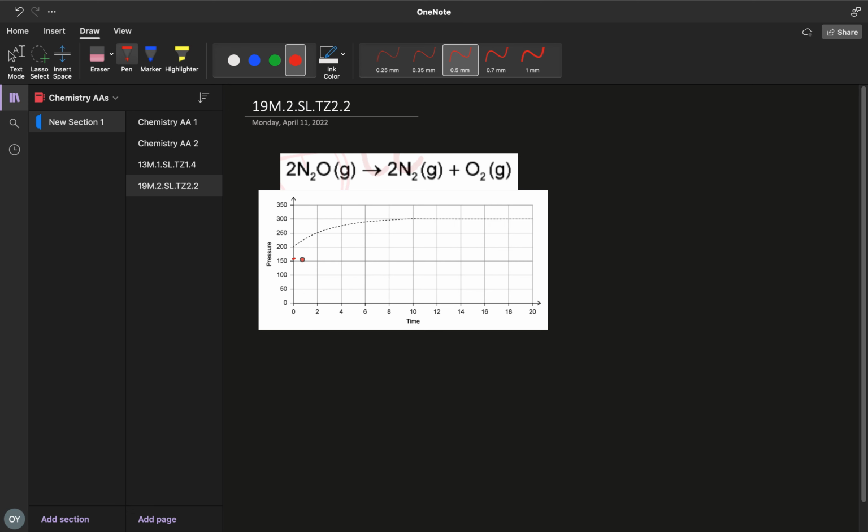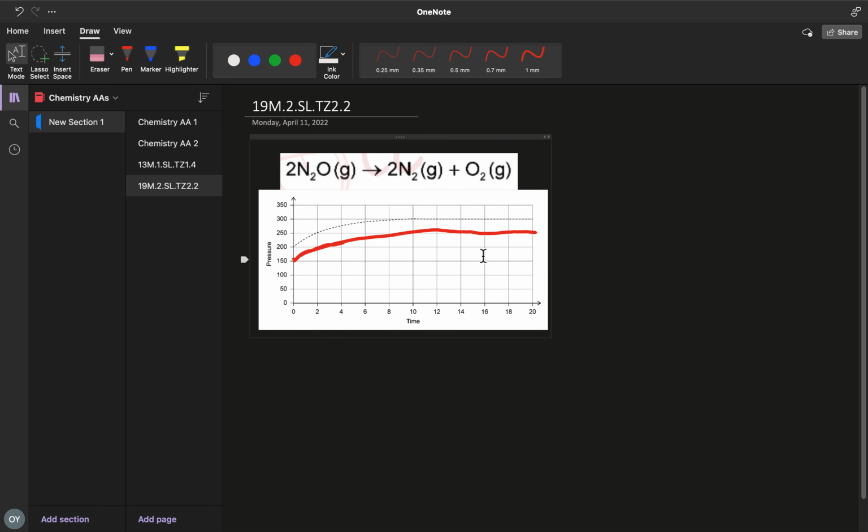So if we were to draw a line, we would probably start somewhere lower, and the curve wouldn't be as steep because the rate of reaction is lower due to the lower temperature. So it should look something like this. Of course, since I'm on a laptop, it's really hard to make this straight, but on an actual exam, you should make this straight.